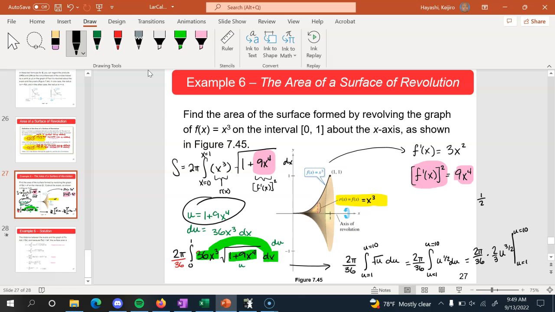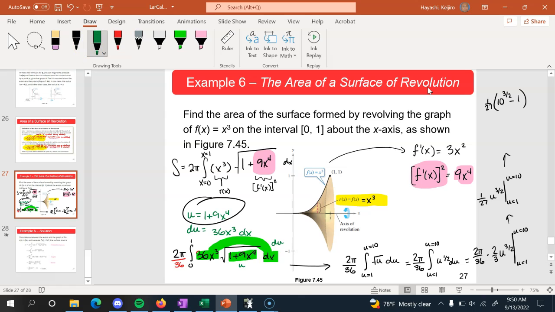I'll say it's 1 over 27. Okay, so plugging in 10 and plugging in 1 should just be the difference between 10 to the 3/2 minus 1 to the 3/2, which is 1.